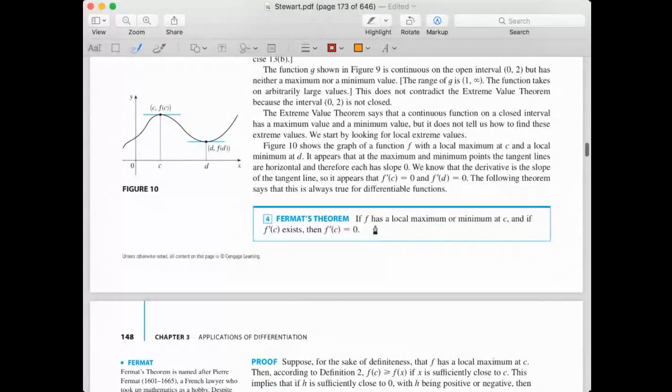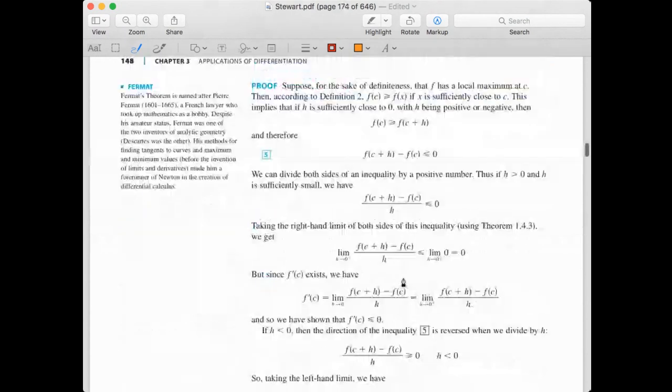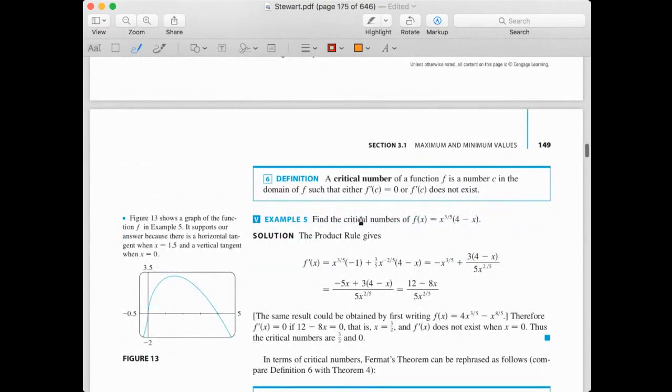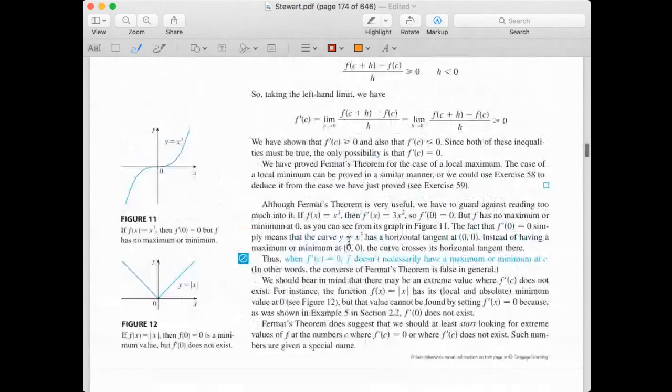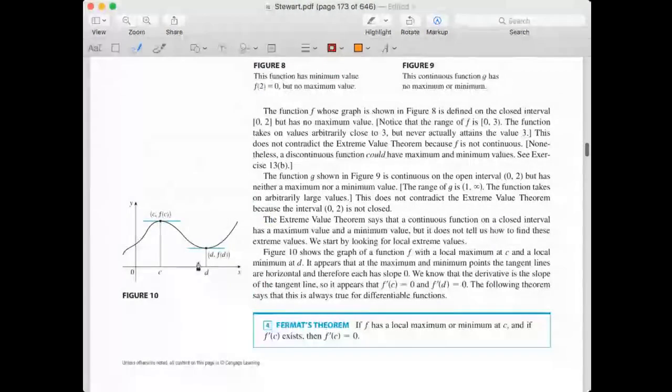Fermat's theorem says if f has a local maximum or local minimum at c, and if the derivative at the point c exists, then f prime of c equals 0, right? Because at the local maximum and local minimum the tangent line slope is 0. Those x values at those points, see these two.